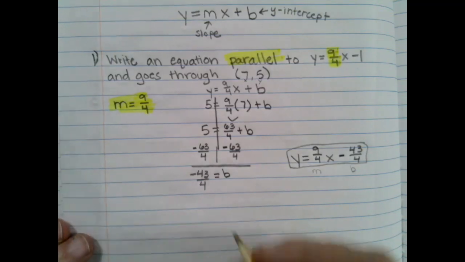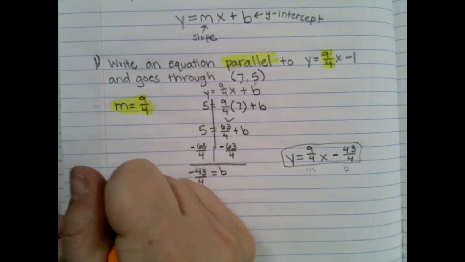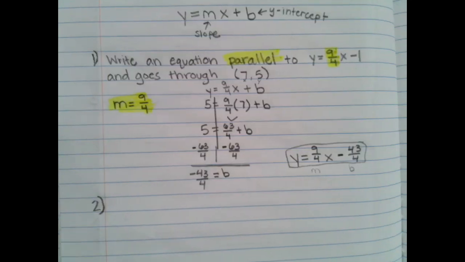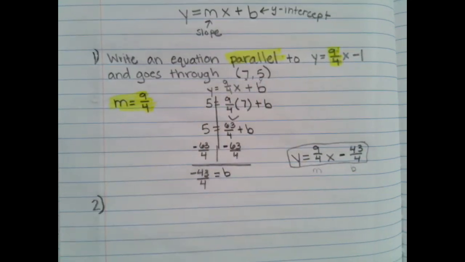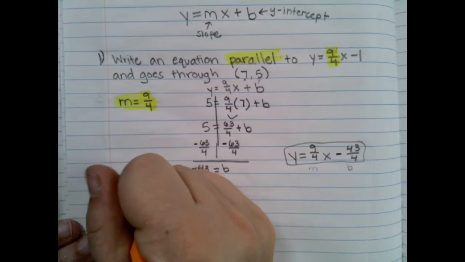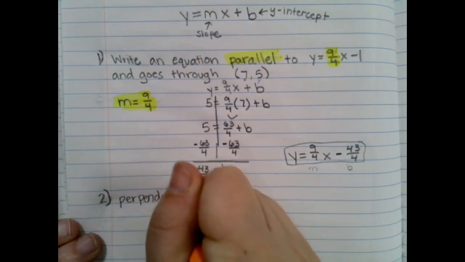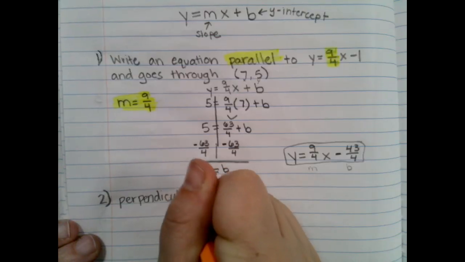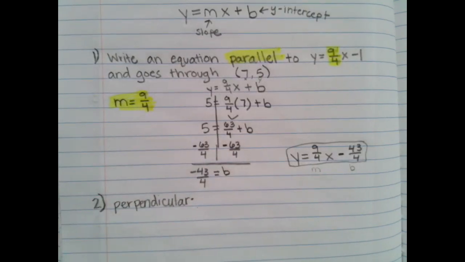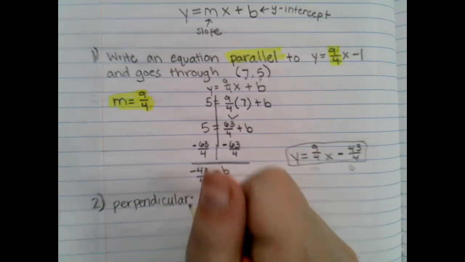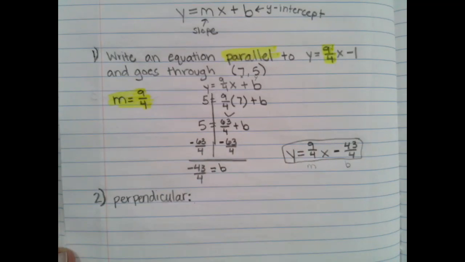All right, last one, number 2. Now this one we're going to start off, the first step is hard, and then we'll do the solving part. We'll do an easier version. Okay, so number 2, we're going to do perpendicular. Now if I was a good teacher, I would make you write out all the directions. And we would say, write an equation perpendicular to, but that's a lot of work.